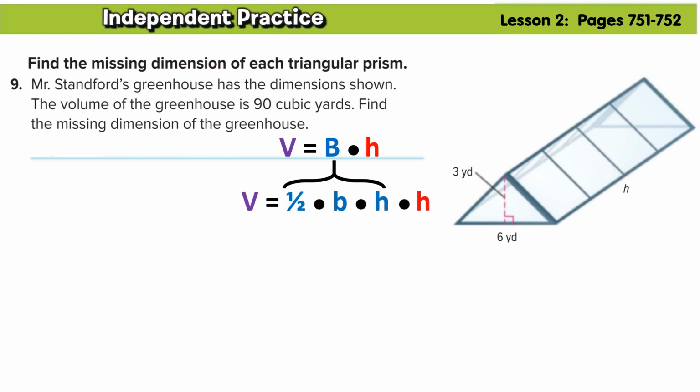We know the greenhouse is 90 cubic yards, so I'm going to write 90 yards cubed equals 1/2 times the base of the triangle, which is 6 yards, times the height of the triangle, indicated with this perpendicular dashed line, which is 3 yards.